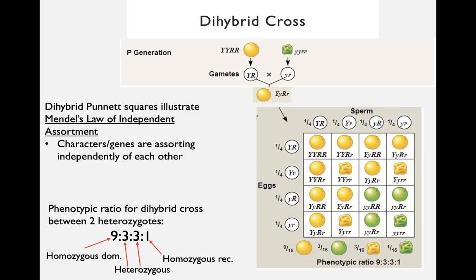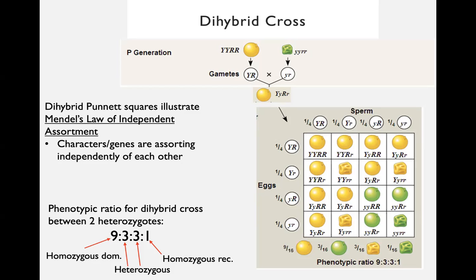All right, so we're not going to worry about the genotypic ratio for a dihybrid cross because it's really long. There's a lot of different possible genotypes, like the combinations of letters. The ratio you want to remember for a dihybrid cross is 9:3:3:1. That basically means that you have 9 individuals, if you count these all up in the Punnett square, that have at least one dominant allele for each character.